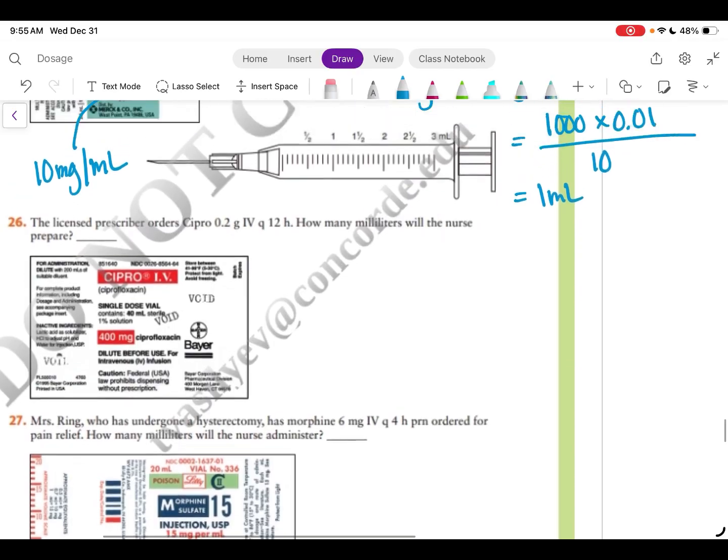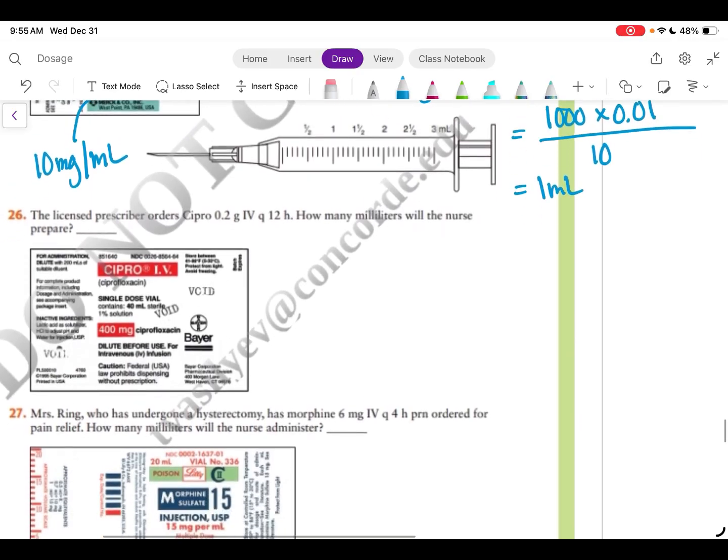Okay, number 26. So we've had this label before, right? It's a single dose vial that contains 40 mils of solution, and it's equal to 400 milligrams of Cipro.